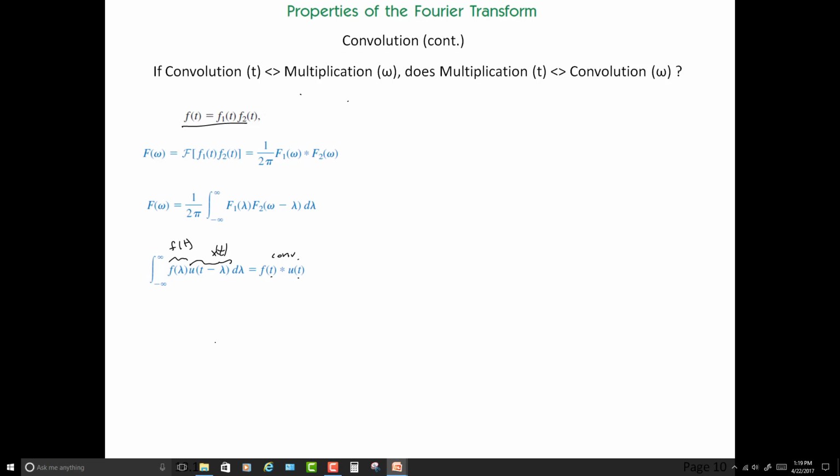But by definition, the unit step function is defined this way. It's 1 when t is greater than 0, and basically when t minus lambda is greater than 0. So wherever the shift point, the starting point is, it's 1, and it's 0 otherwise. With this, we can write the unit step as lambda, whenever lambda is less than t, it's 1.